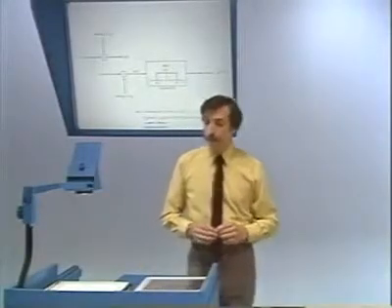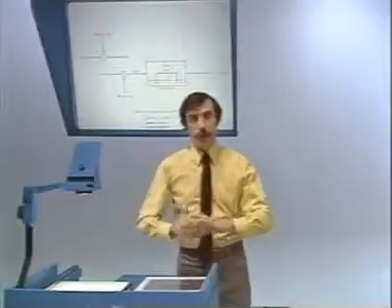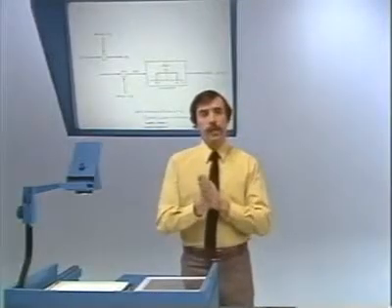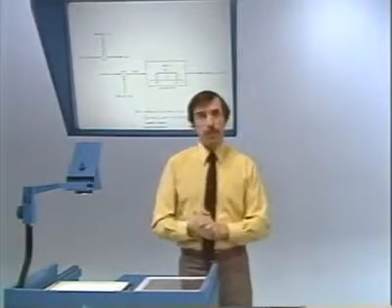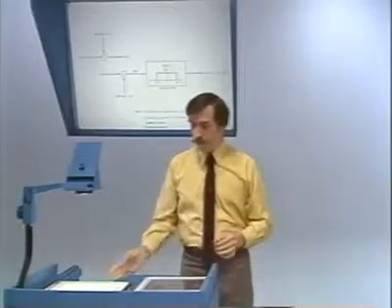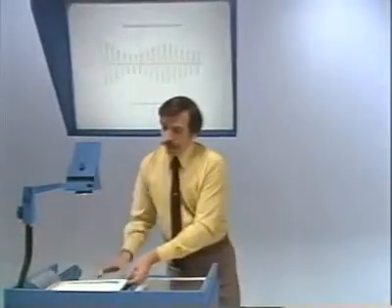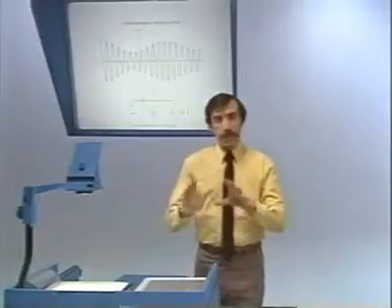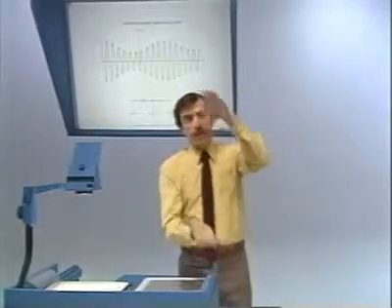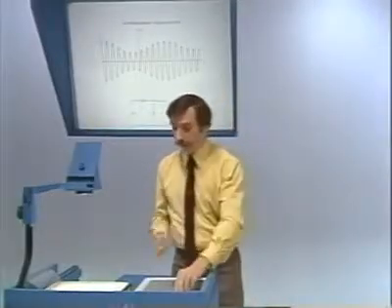Now, there are alternatives to this, and the alternative is what's referred to as asynchronous demodulation. And let me indicate what the idea behind asynchronous demodulation is. Now, recall that what we've done in amplitude modulation is to take the carrier signal and vary its amplitude with the signal that eventually we want to get back.